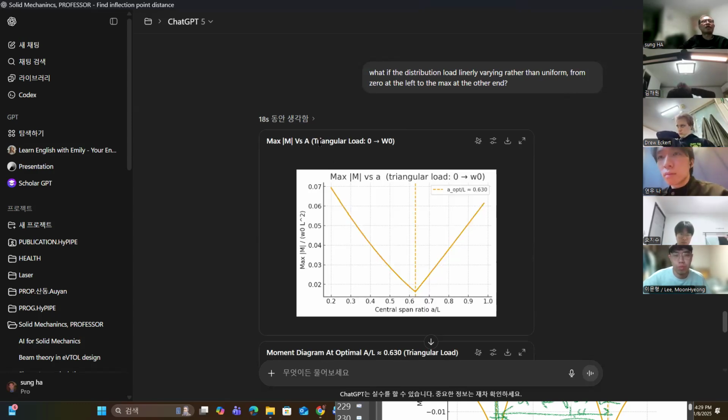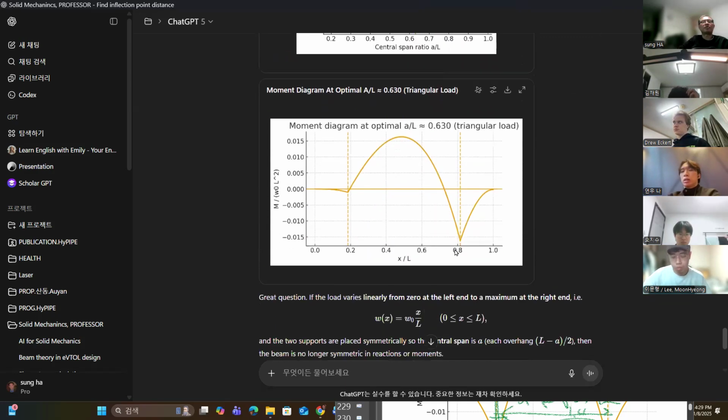So the triangular load from 0 to W0 is here like that, and it gives the maximum moment and so on. I don't mean to get the real meaning, but the maximum stress. See here, the maximum at the top center. And here is optimal.